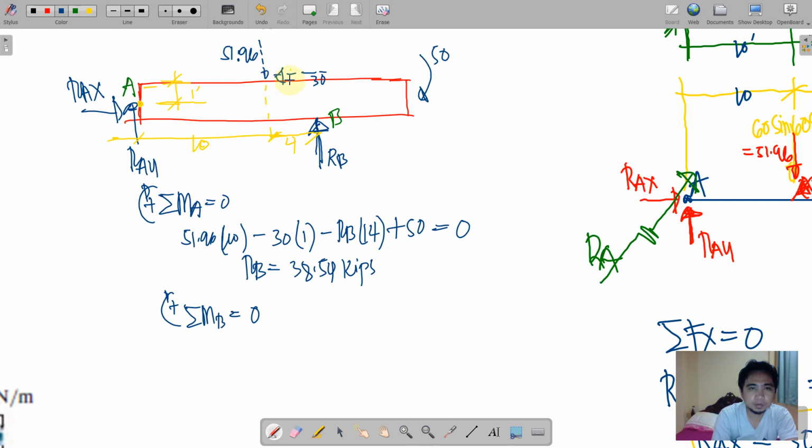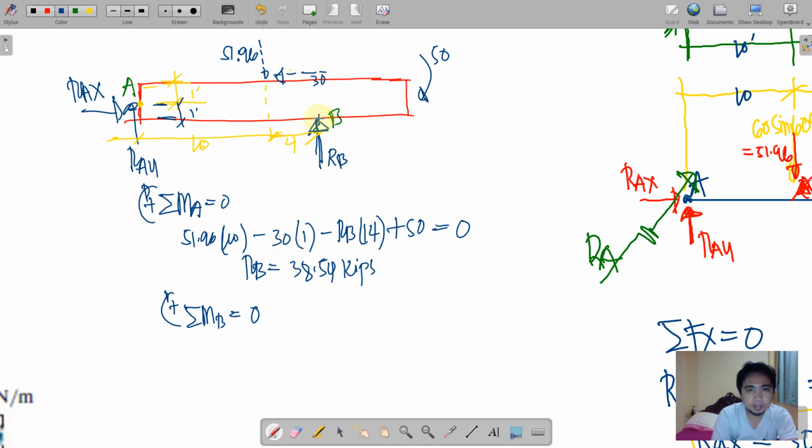We have 30. If this is 1, ibig sabihin this is 2, right? Because this is a center dimension here. So this is another 1 foot there.